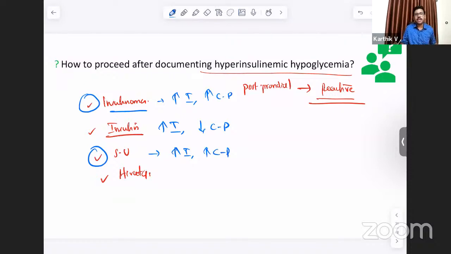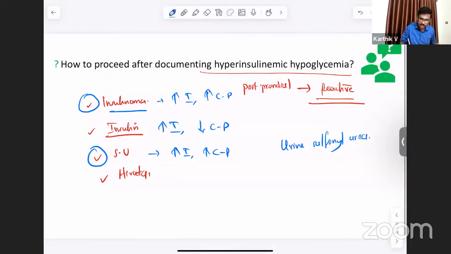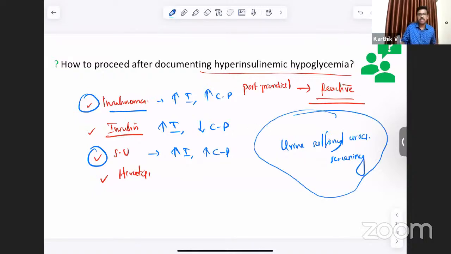That is why, if you suspect background use of sulfonylurea, which could be the culprit for hypoglycemia in such patients, you do a urine sulfonylurea screening. That is available in many centers across India. During the episode of hypoglycemia, when you have collected the blood sample, you collect a simultaneous urine sample also.